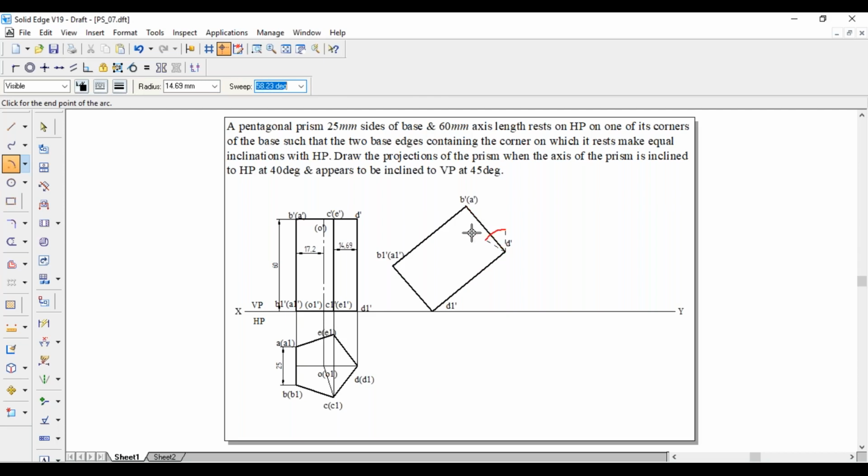Similarly, 17.2 is from B dash, so B dash as center, 17.2 mm as radius, draw an arc. From this point, that is 14.69 from D dash, we have C dash C1 dash, so draw a continuous dark line. Whereas from this one, that is 17.2 from B dash, we have the axis line. Draw the axis line.